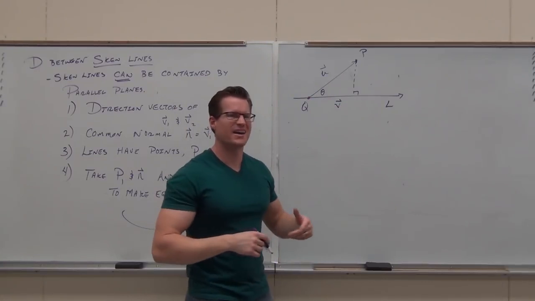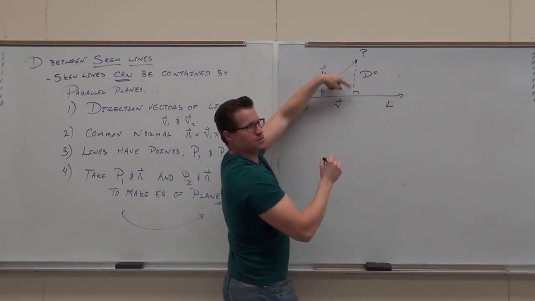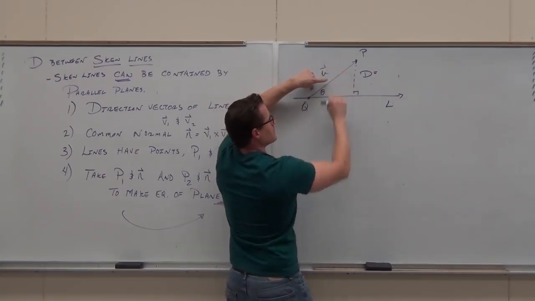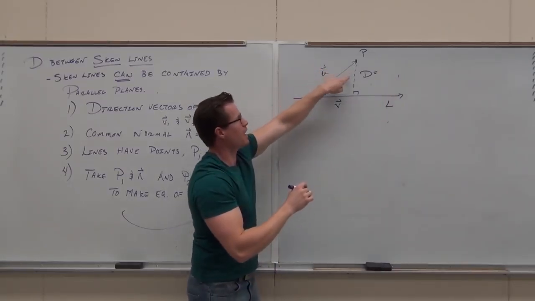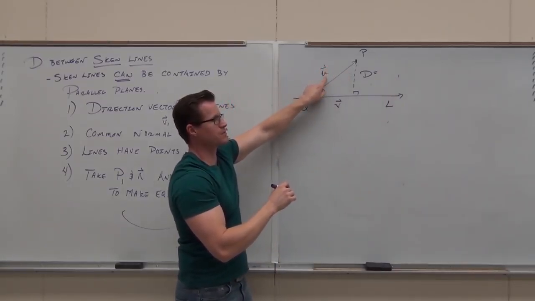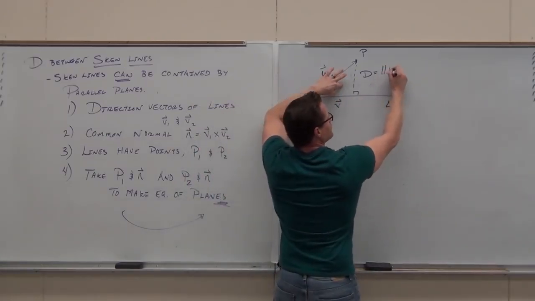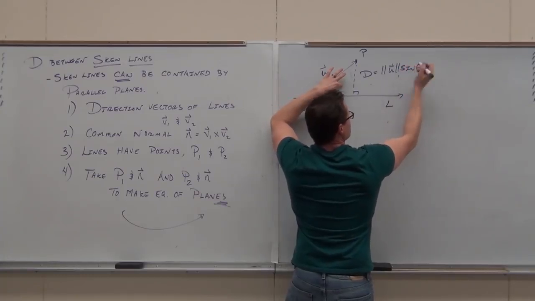If you use sine, this distance is, let's see, sine would be opposite over hypotenuse. So if I solve for this, it's going to be hypotenuse sine theta.